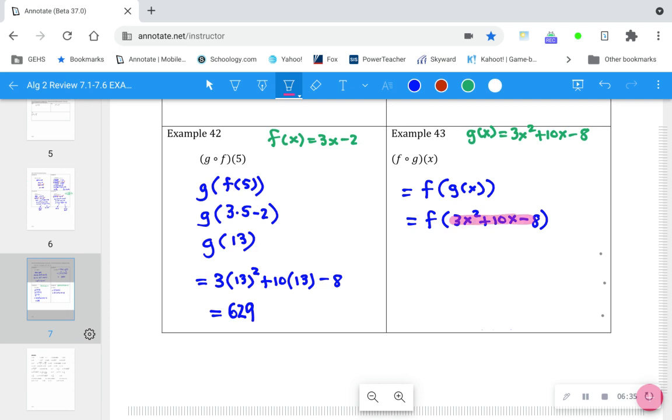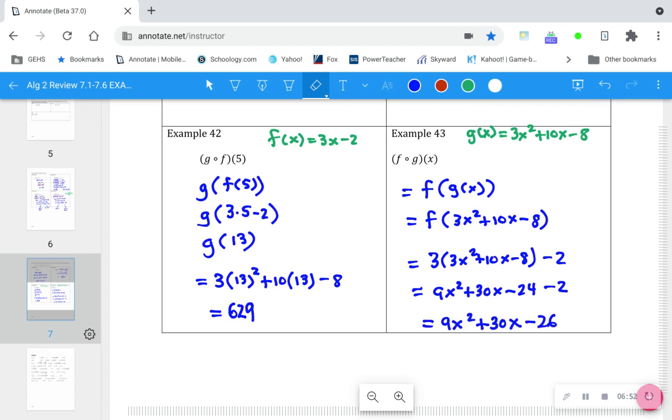So this amount is going to go right there into the other function. And when you do that, you get 3 times that expression minus 2, and distribute and simplify.